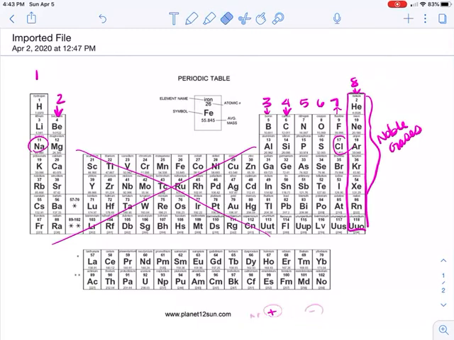Let me ask a couple more questions, just to make sure that you guys are understanding what I'm saying here. If I said, what's the ion for magnesium? Well, magnesium is in the 2nd group, so it would have a +2 ion. Why?